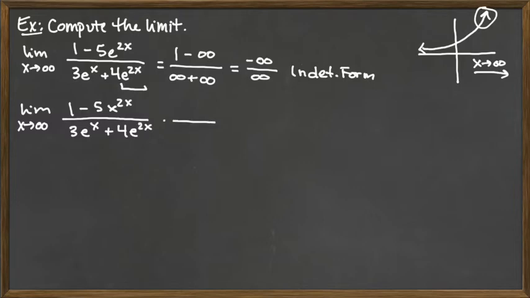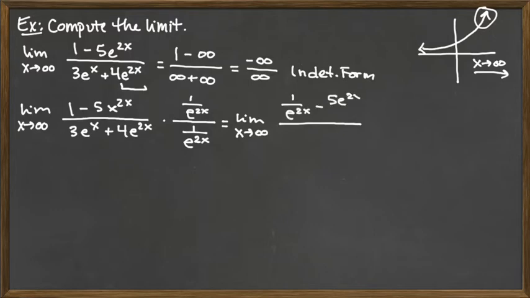So what I'm really doing is I'm dividing all terms on the top and on the bottom by that highest power, e to the 2x, that's in the bottom. So of course that needs to be distributed, so we're going to do that on both the top and the bottom. And what we get there on the top is the constant 1 over my e to the 2x. And then we have the 5 e to the 2x divided by e to the 2x.